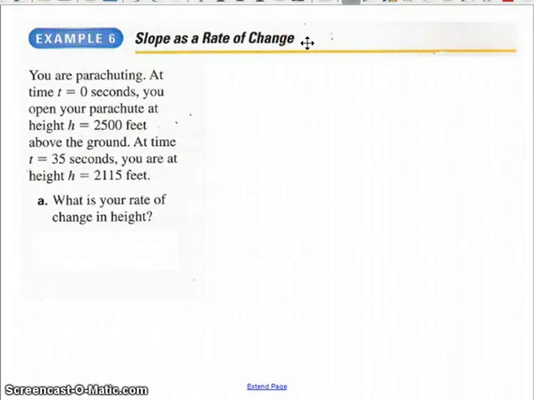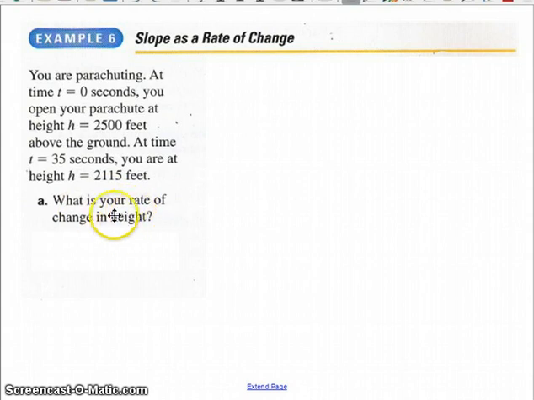Well, that rate of change in the number of cheeseburgers, you could call that the slope in your story. In this case, the story is about the height of a parachutist, and the height keeps changing. So the slope is going to be the rate of change in the height of that parachutist.